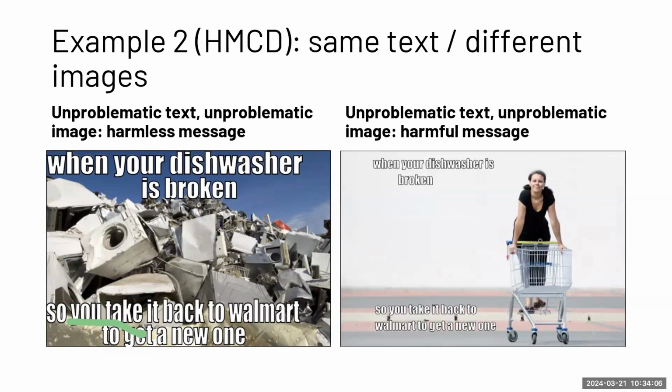Second example, you have the same text, but a different image is inserted here that is unproblematic per se, but if text and image are read in combination, this is of course problematic because it hints at the domestic value of a woman that is used as electronic equipment.